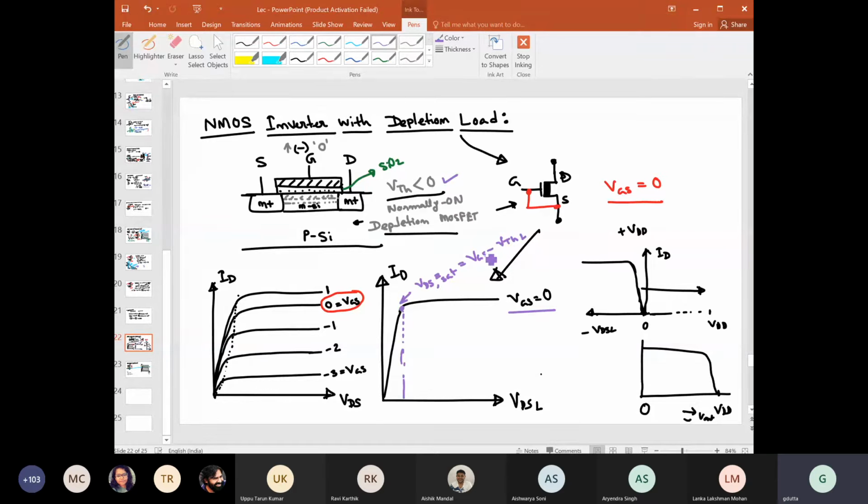That means if you make VGS equal to 0, this is a negative value, so this becomes positive. So this particular VDS value is nothing but the mod of VTH of this load transistor. Is this clear to you? It's pretty easy, right? So this point would be the mod of VTHL.